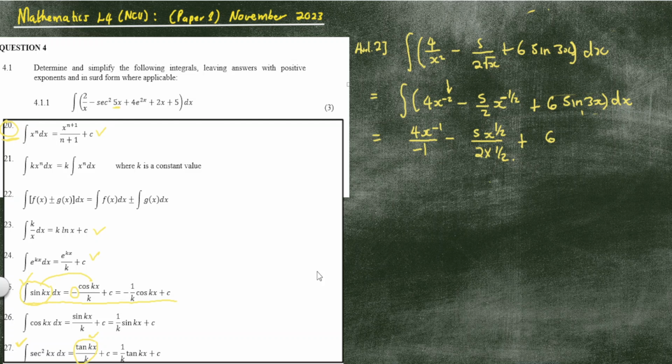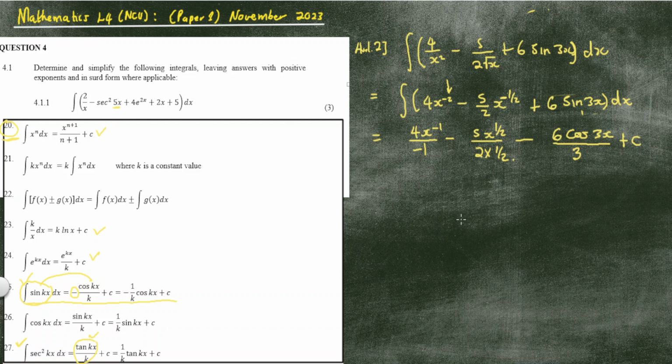The mistake was that this was actually supposed to be minus 6 cos, not sine, cos 3x divided by 3, right? Integral 25, the integral of sine kx dx is equal to minus cos kx over k plus c.